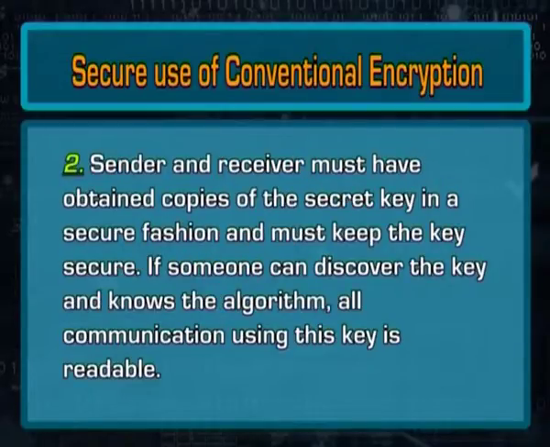The second point is that sender and receiver must have obtained copies of the secret key in a secure fashion and must keep the key secure. If someone can discover the key and knows the algorithm, all communication using this key is readable.